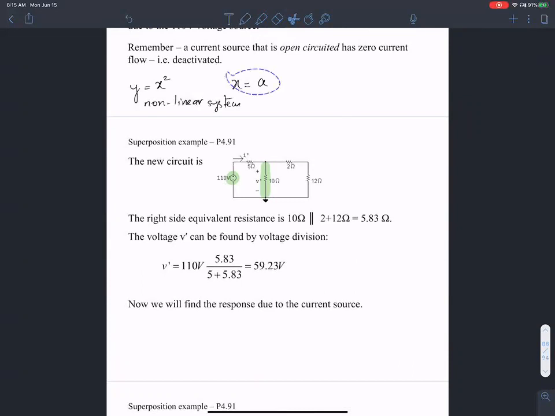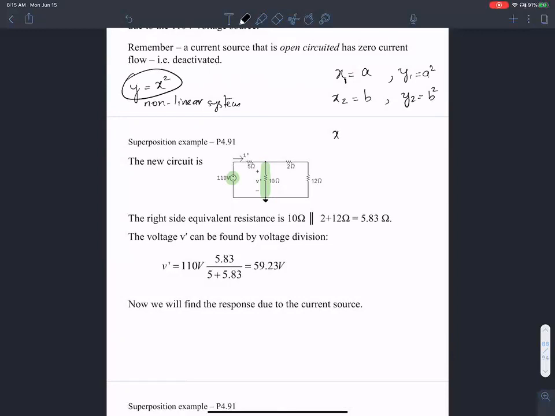Let's say to begin with, the first value of x is a. Then what is the value of y1? a squared. Let's say x changes to b. What's the value of y? b squared.